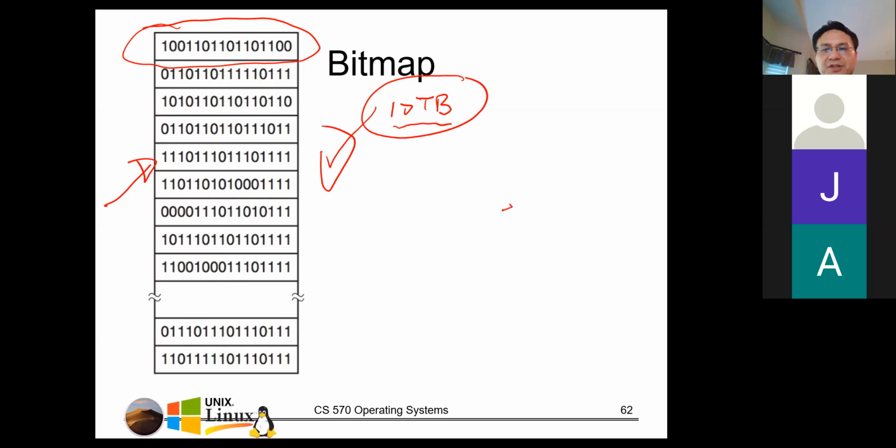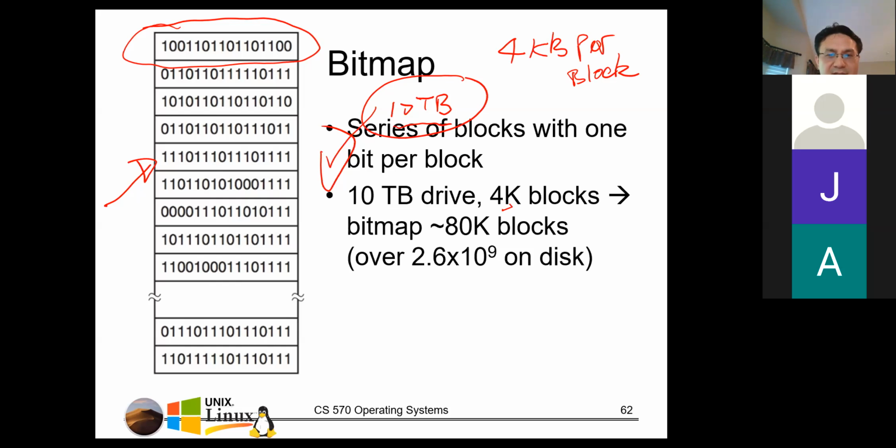Let's assume each block has a size of 4K. Usually, let's say this is a Unix or Linux system, 4 KB per block. So what size do we need for this bitmap?